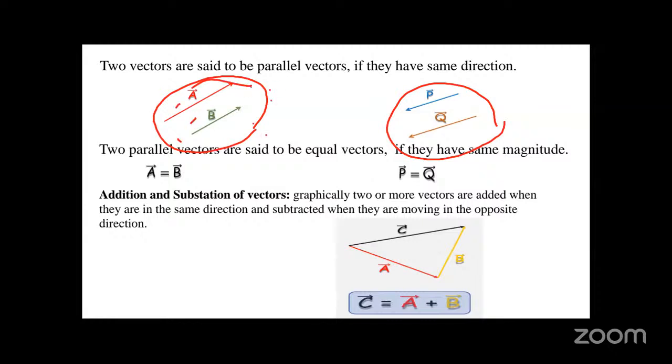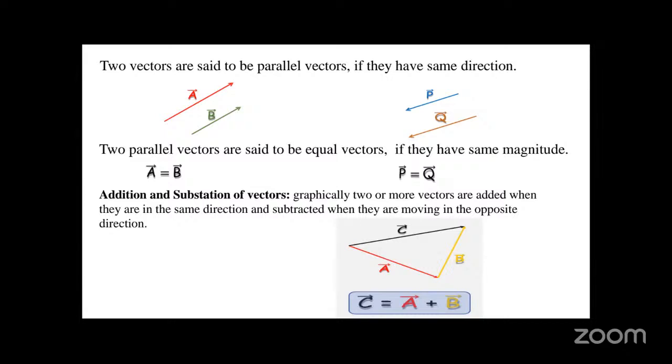If the vectors are moving in opposite direction, of course, they are parallel but in opposite direction.